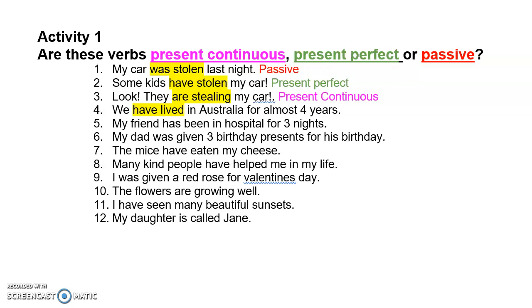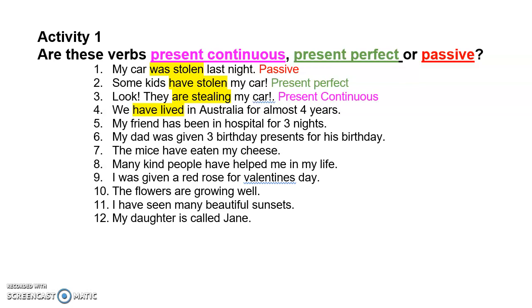Let's look at number 3. Look, they are stealing my car. Look for the verb, are stealing. The first verb is a to be verb, and the second verb is an ing verb. So we know it's a present continuous verb. So I wrote in purple present continuous at the end.